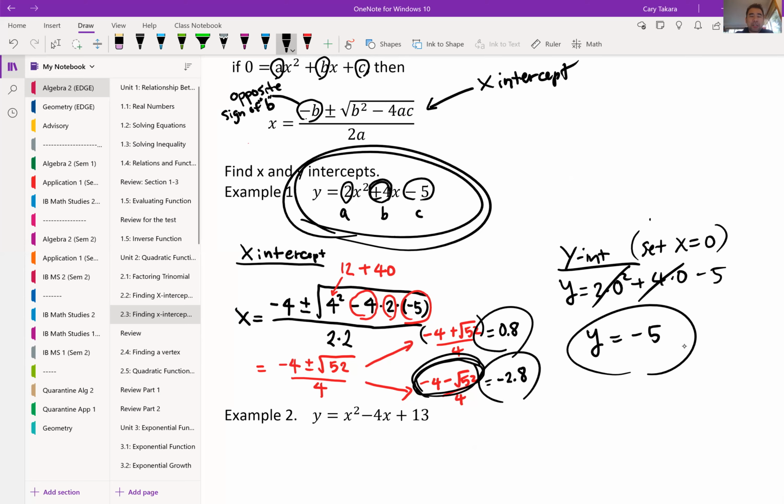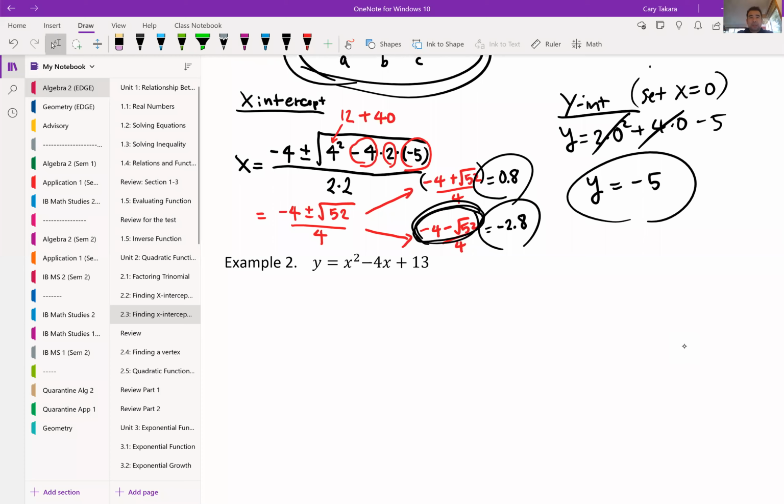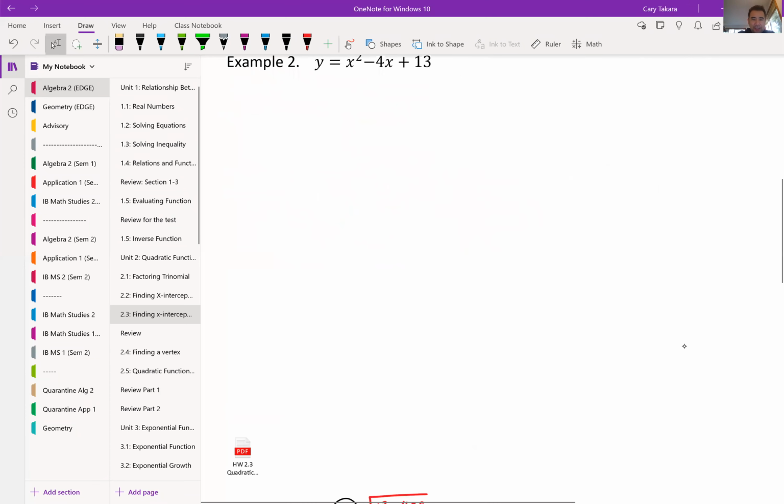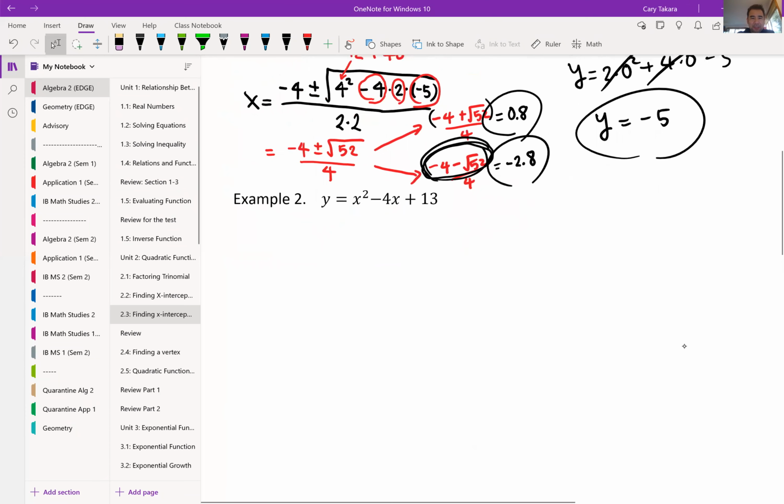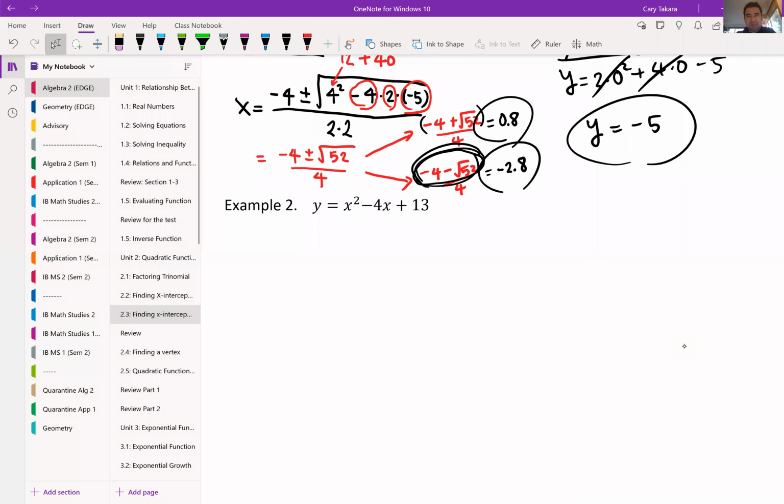All right, let's try now example number 2. Can we try that? And I think that's it. And then we'll do the assignment, okay? I think we should be able to finish the class early today. So why don't you try that, okay? All by yourself.